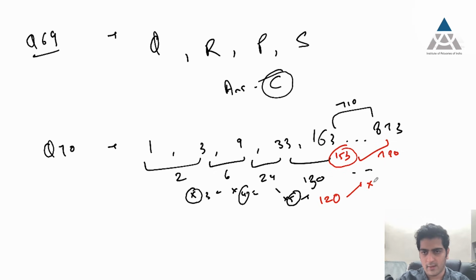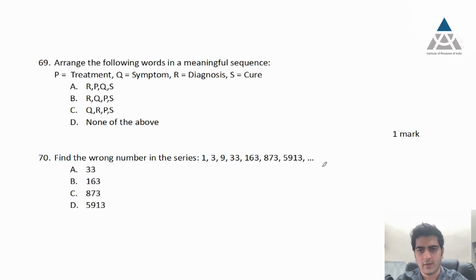120 multiplied by 6 is 720, which means 720 multiplied by 7 should be the next difference. 720 multiplied by 7, that is 4900, and 140, that is 5040, and 873 plus 5040 would give me 5913, which is exactly what we have, correct?